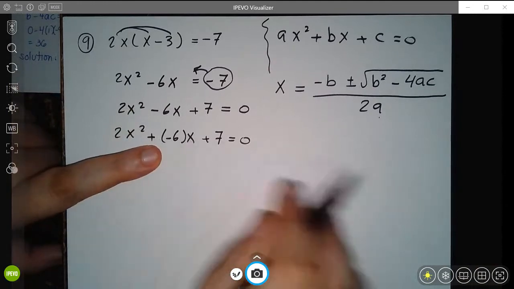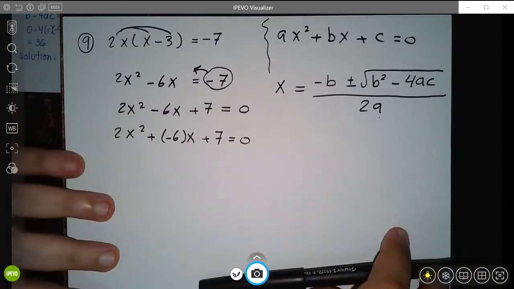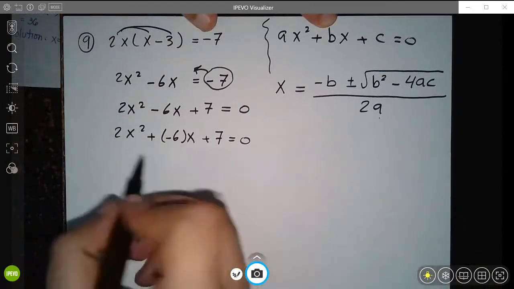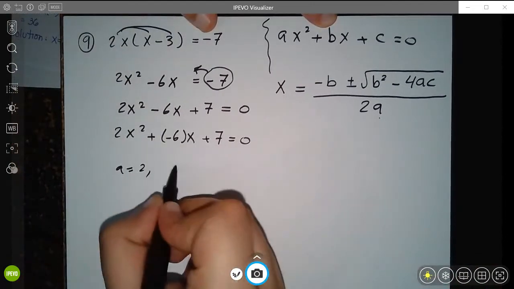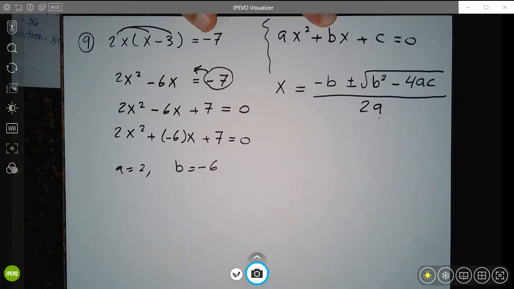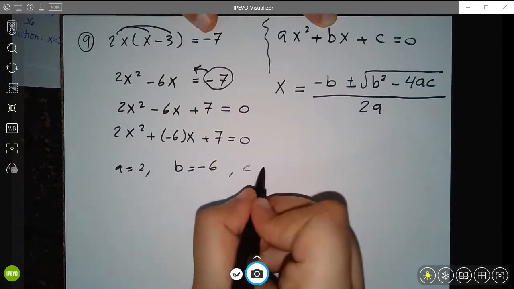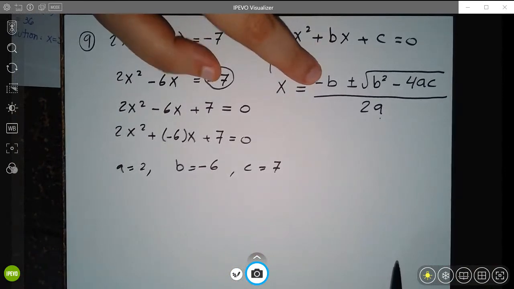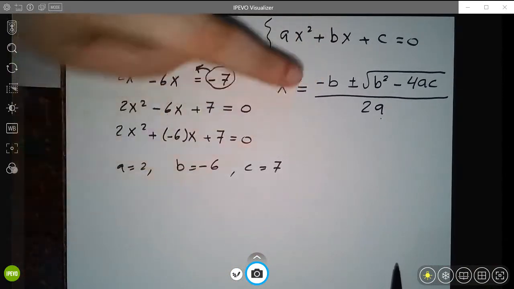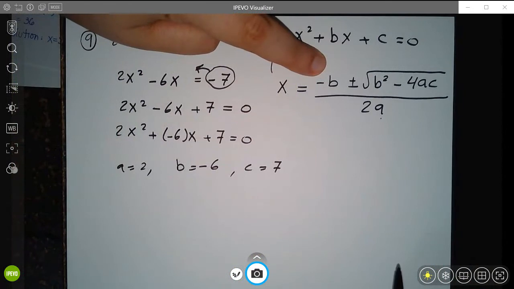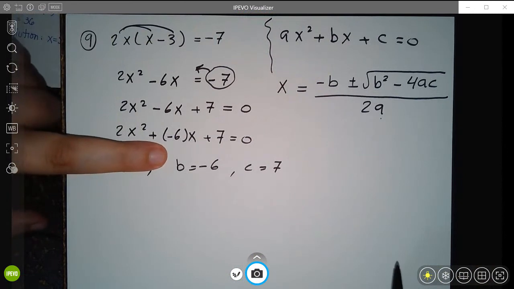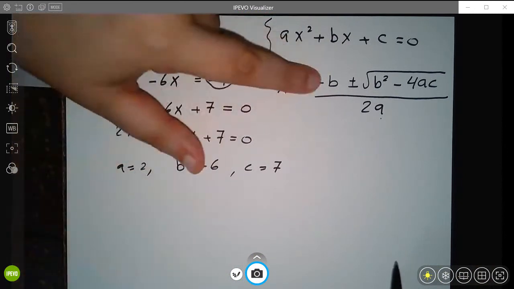However, looking at it like this will help you avoid that mistake, because now you see that a is 2, b is negative 6. That's the value for b. And c is 7. So when I ask you to give me negative b, what's negative b going to be? Positive 6, right? So if you do this little step every time, you will avoid making that mistake.